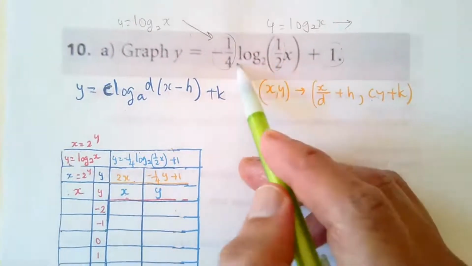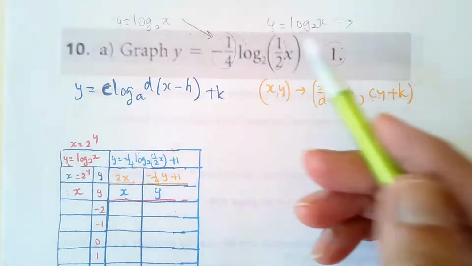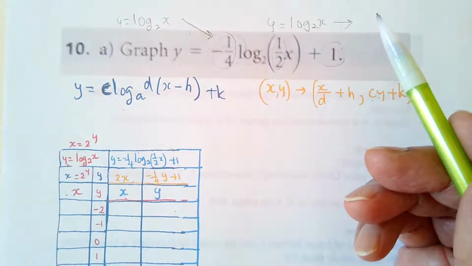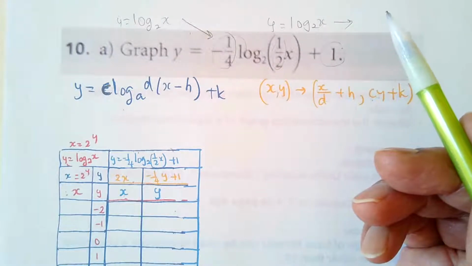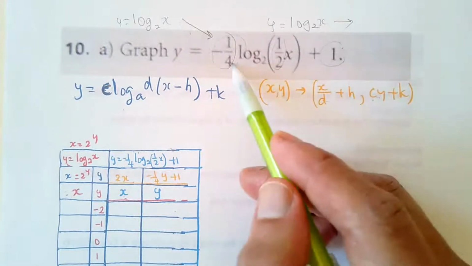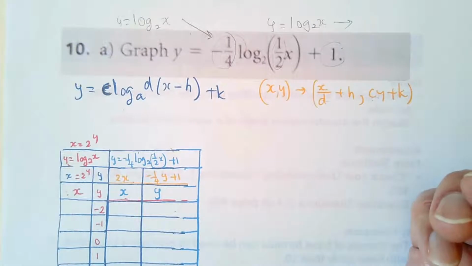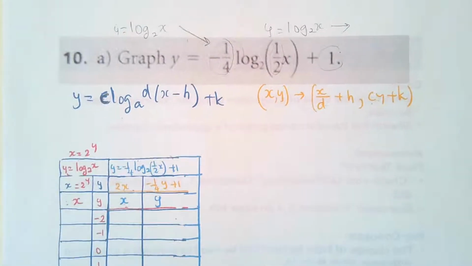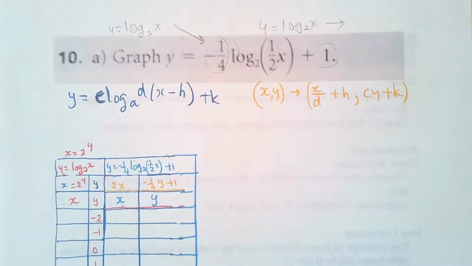So let's look at the negative 1/4. It tells us that we have a reflection on the x-axis. So C refers to reflection.